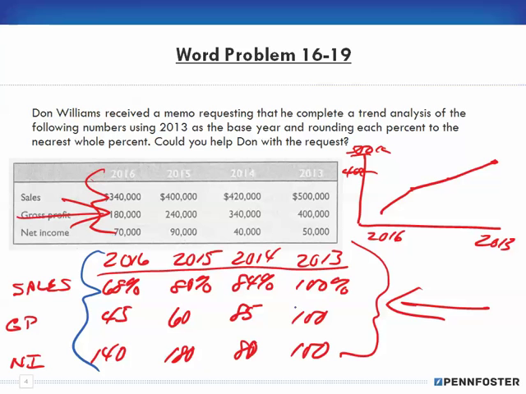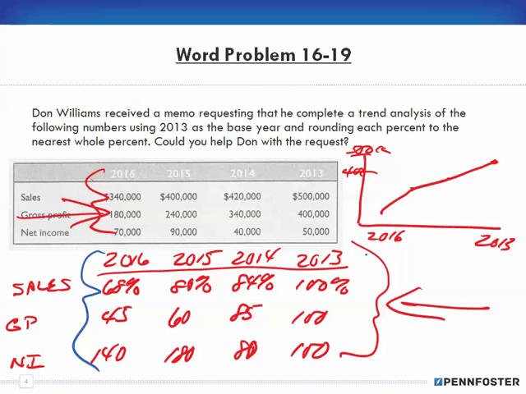So my sales went down, my gross profit went down, but how did that relate to my net income? Well, my net income actually increased. Why was that? Even though you have to think through the numbers, oftentimes you take those numbers and put them into some kind of chart or graph in order to have a visual representation, which makes it a lot easier for us to understand.